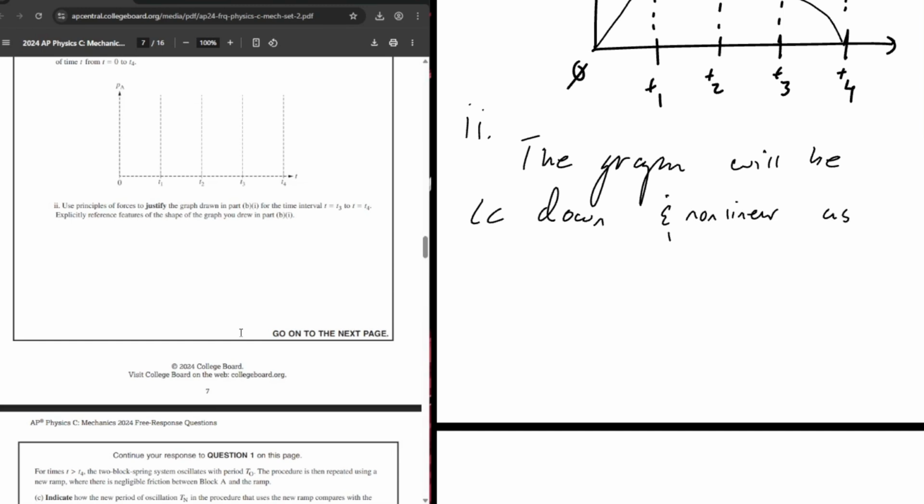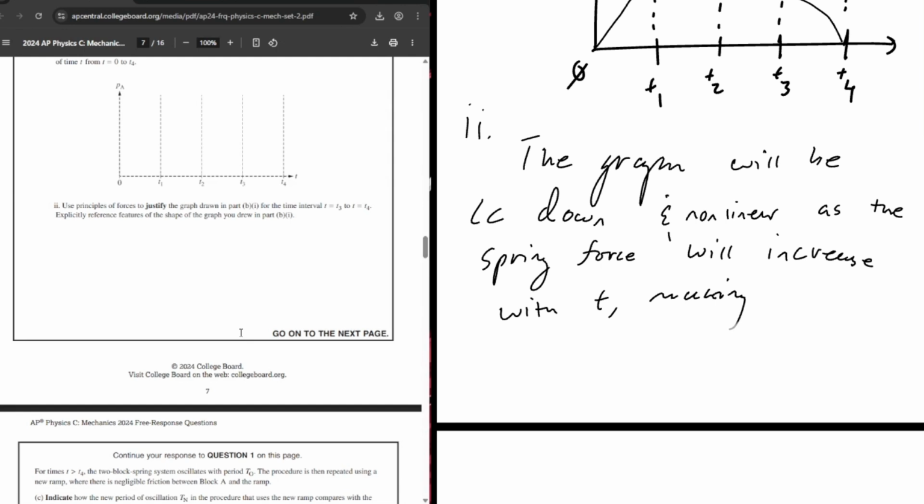non-linear, as the spring force will increase with t, making dv/dt, making the slope steeper, and making the graph concave.